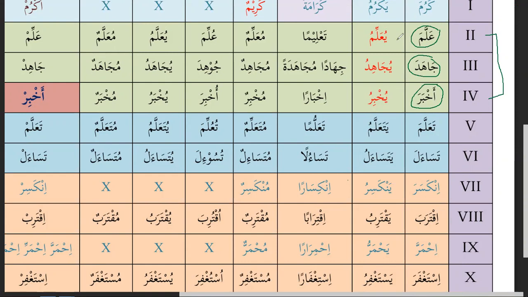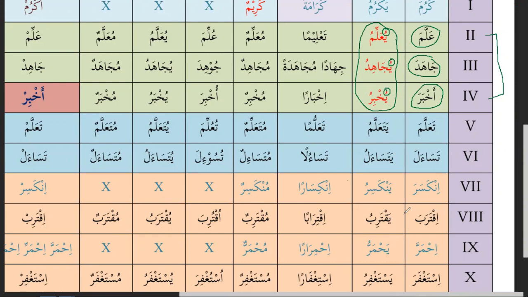Only Majid families in Arabic have a mudari that starts with u, with a dhamma. Which three families? Allama, Jahada, and Akhbara. Only those three families have present tense starting with yu: yu'allimu, yujahidu, yukhbiru. Everything else starts with ya.